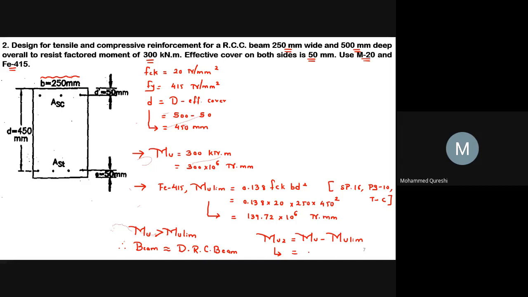So we will get the value of Mu2 as 160.28 into 10 raised to 6 Newton mm.